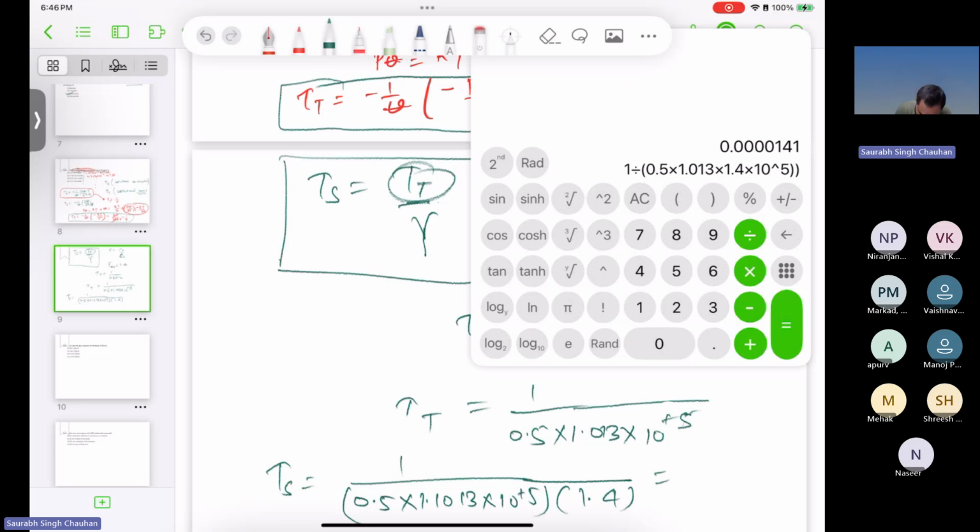How many zeros is it coming? 1, 2, 3, 4, 5. So the result is 1.4 into 10 to the power minus 5.